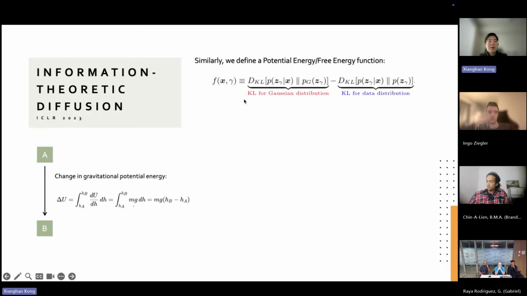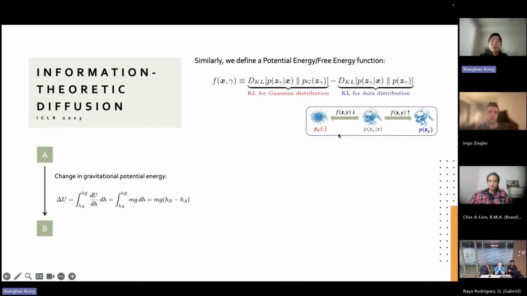So we can visualize this free energy function. What does it look like? The KL divergence is between P(Z_gamma given X) and P_G(Z_gamma). P_G(Z_gamma) is just Gaussian noise because we put it through a Gaussian noise channel. And P(Z_gamma given X) is a clean data point after adding some noise at the gamma level, right? So we have this conditional probability.